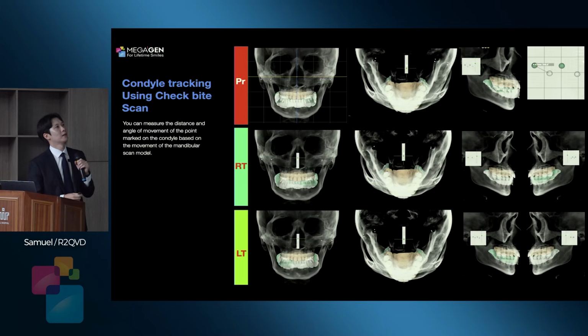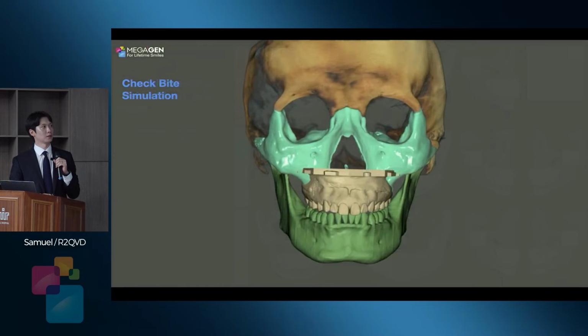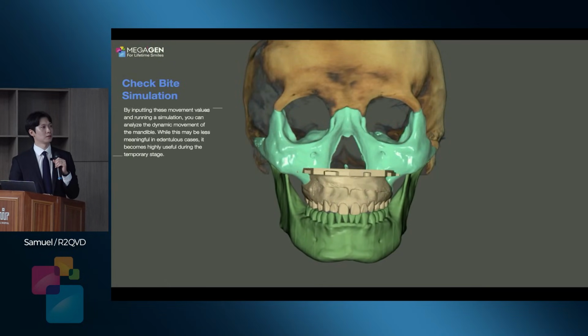But anyway, we know we are using the large FOV CBCT. That means we know where the condylar position is, and if we track the condylar movement, like protrusion, retrusion, maybe we can make something like this.